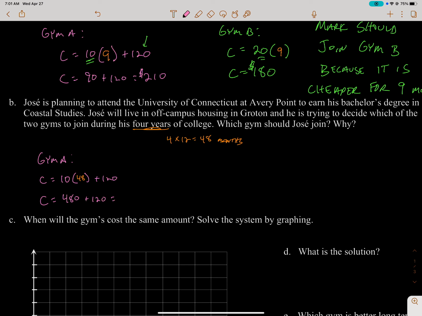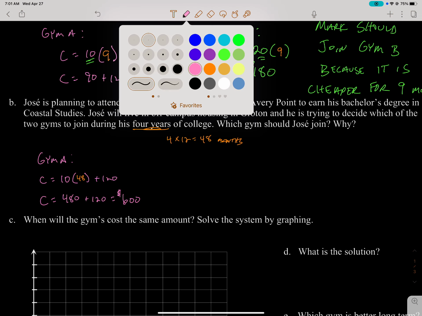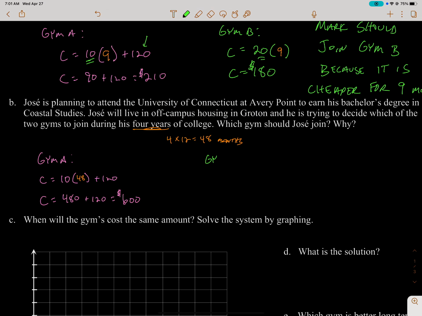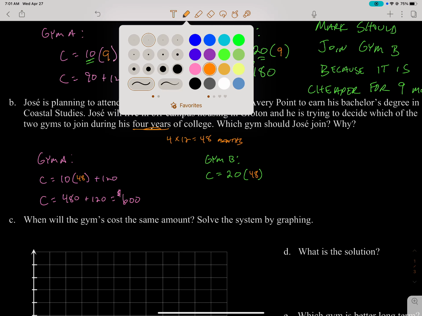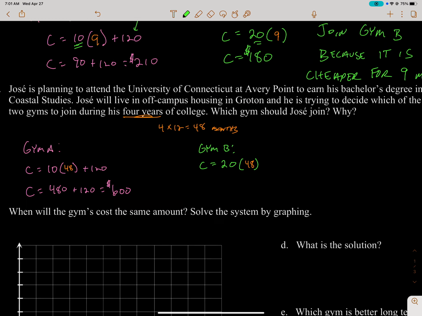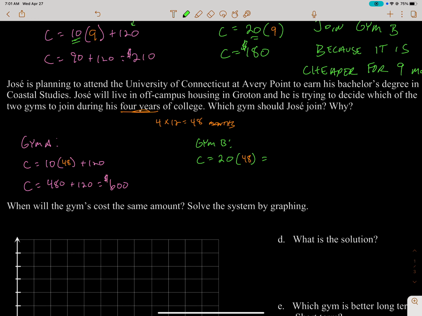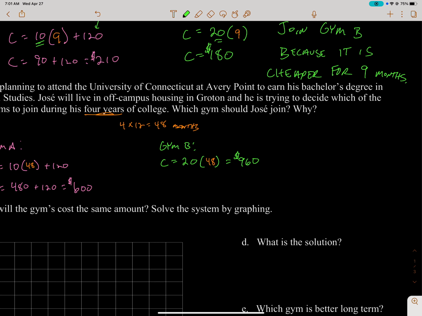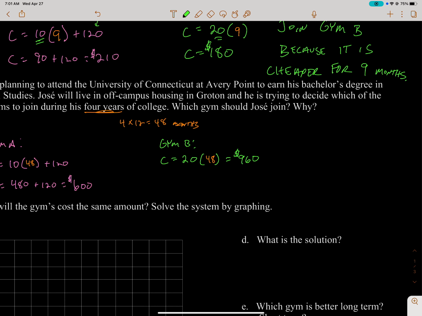So that cost will be $600 for the 4 years that he's in school. And now we're going to look at Gym B. The cost is going to be 20 times 48 months. So 20 times 48 is going to be $960 for the time that he's there. So in this case, we should choose Gym A.